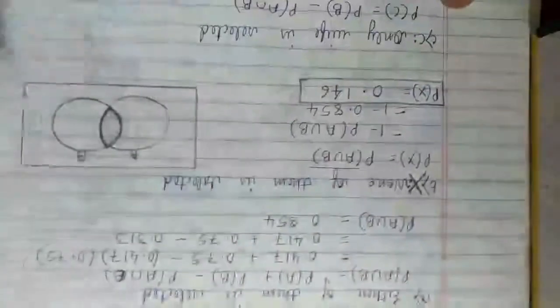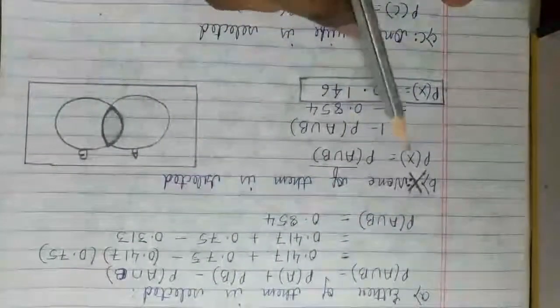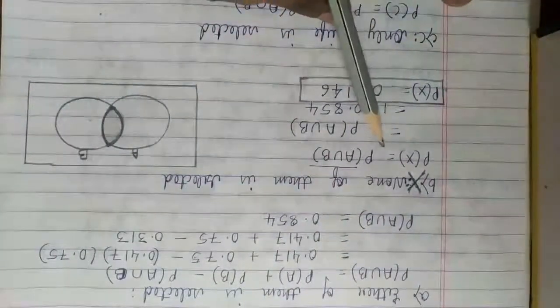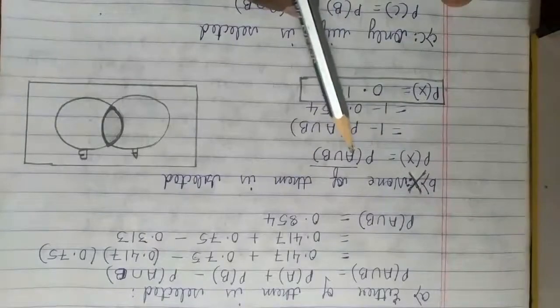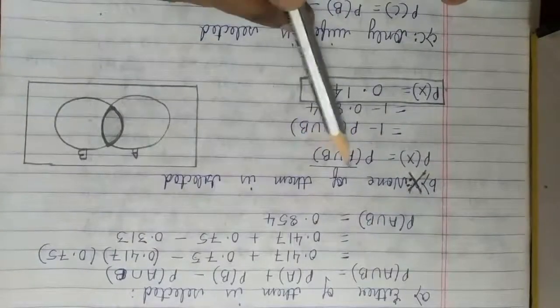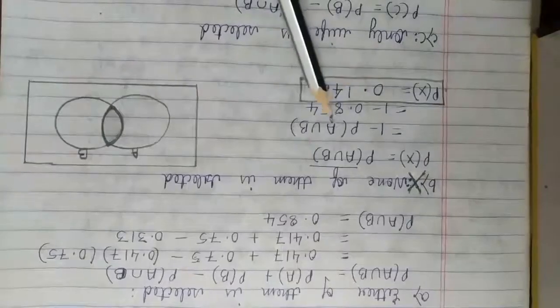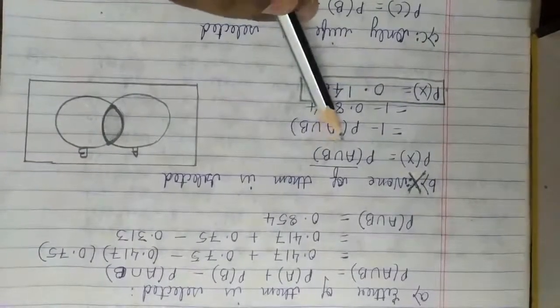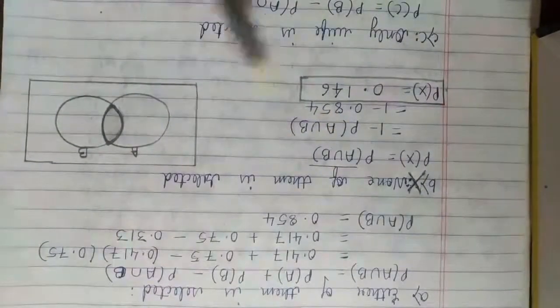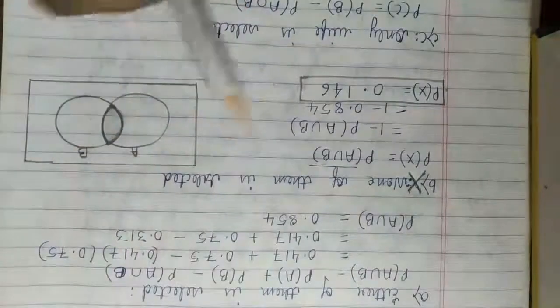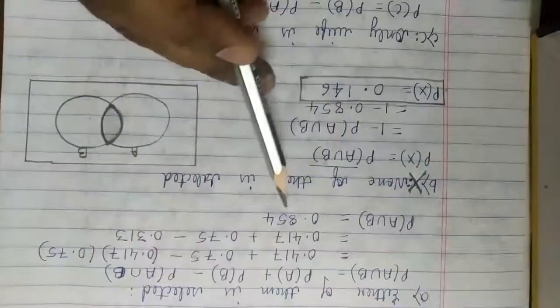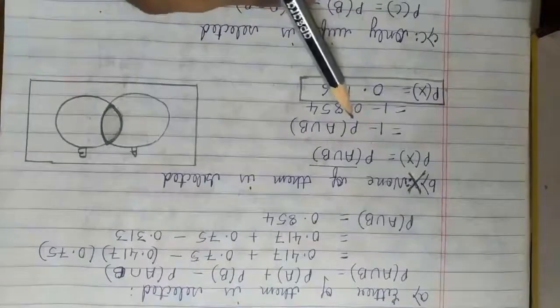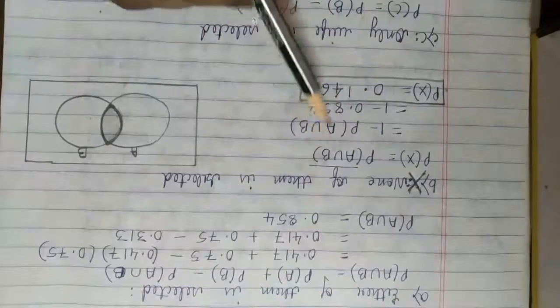So probability of X is equal to probability of the complement of A union B, that is, none of them is selected. That means A is not selected, B is not selected, both are not selected, and that is the negative of this. So 1 minus probability of A union B, it becomes the complement.